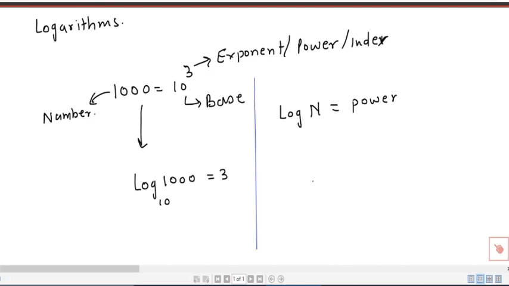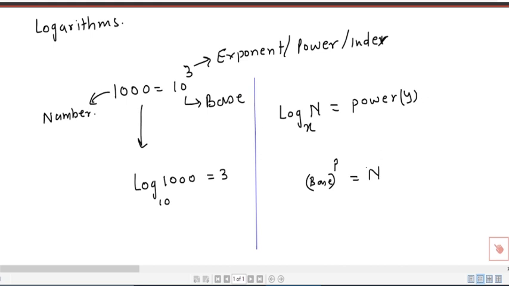If I write power as p, then power p of some number is equal to this number n. Now, power of what? Power of the base. See, base is written here. I can write base is equal to x and power is y.